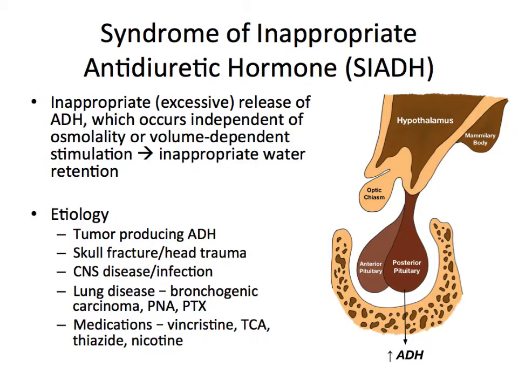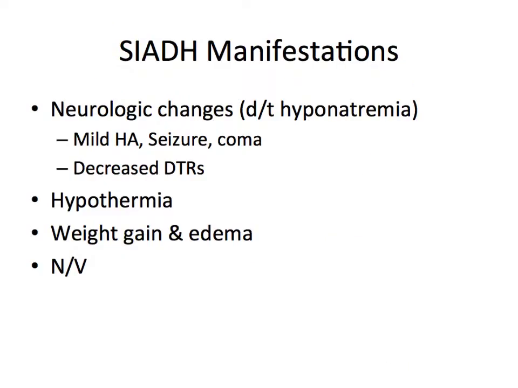and nicotine. The manifestations of SIADH include neurologic symptoms, primarily due to hyponatremia, which includes mild headache, seizure, and coma, as well as decreased deep tendon reflexes. The patient may also develop hypothermia, weight gain and edema, as well as nausea and vomiting.